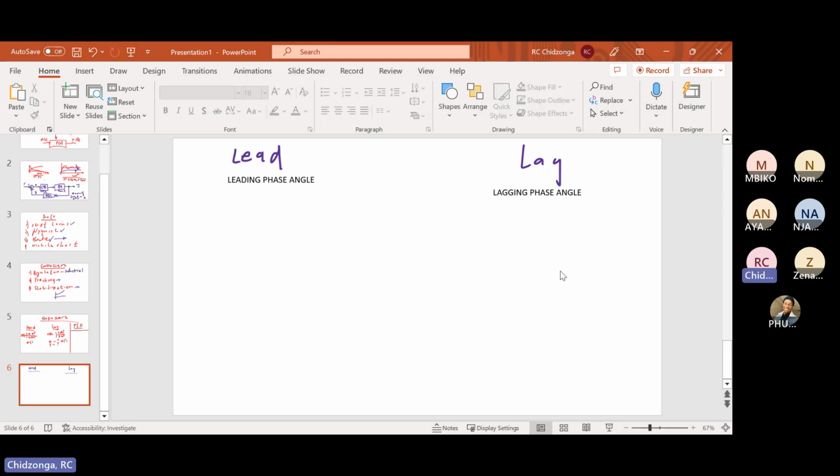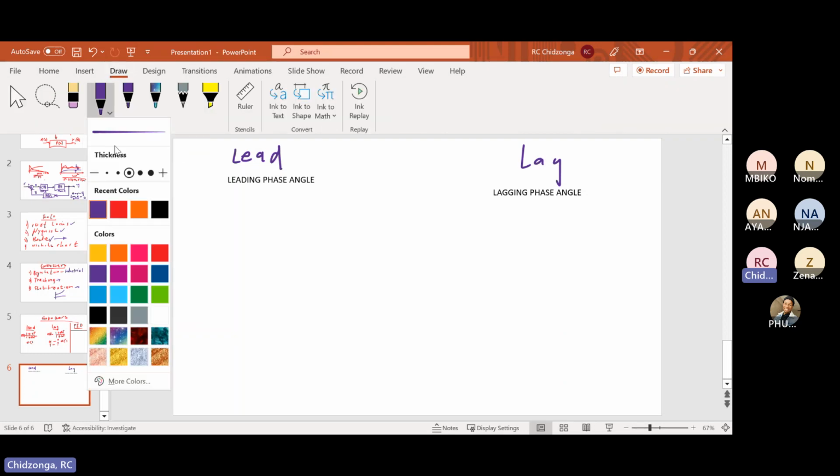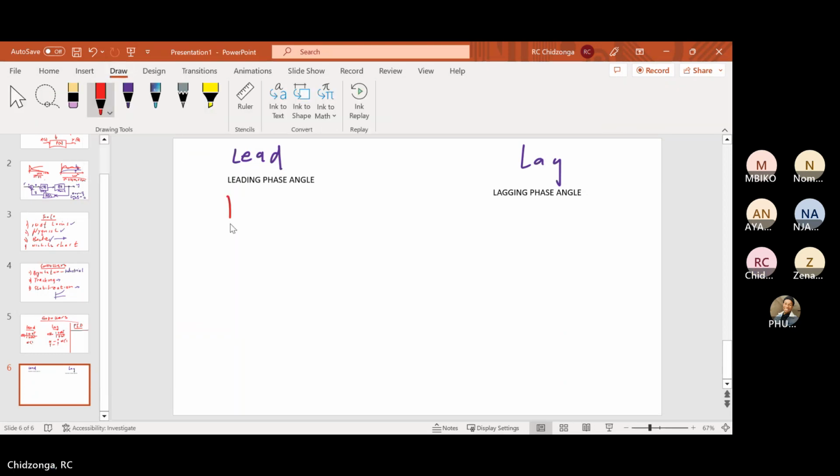phase angle, right? If you look at the Bode characteristics of these two, you remember we plotted the magnitude, and we also plotted the phase angle.